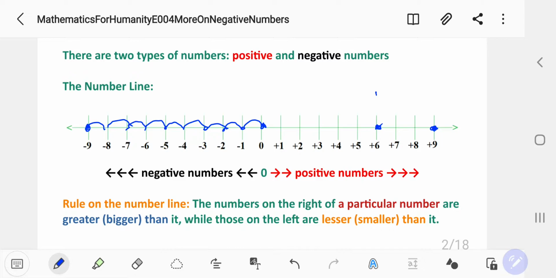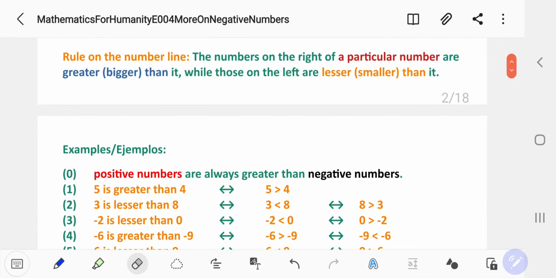And then the next number after 0 is 1. The next number after 1 is 2, 3, 4, and so on. Those numbers we already know.